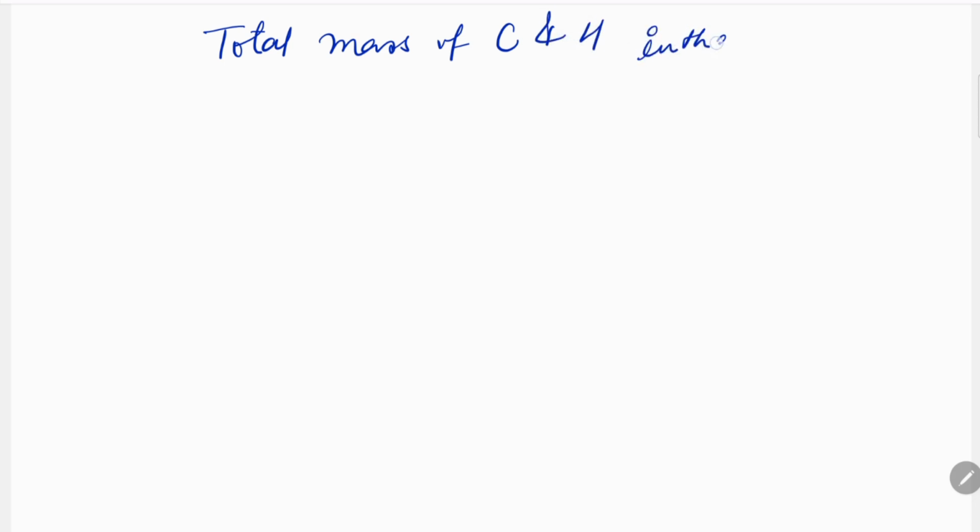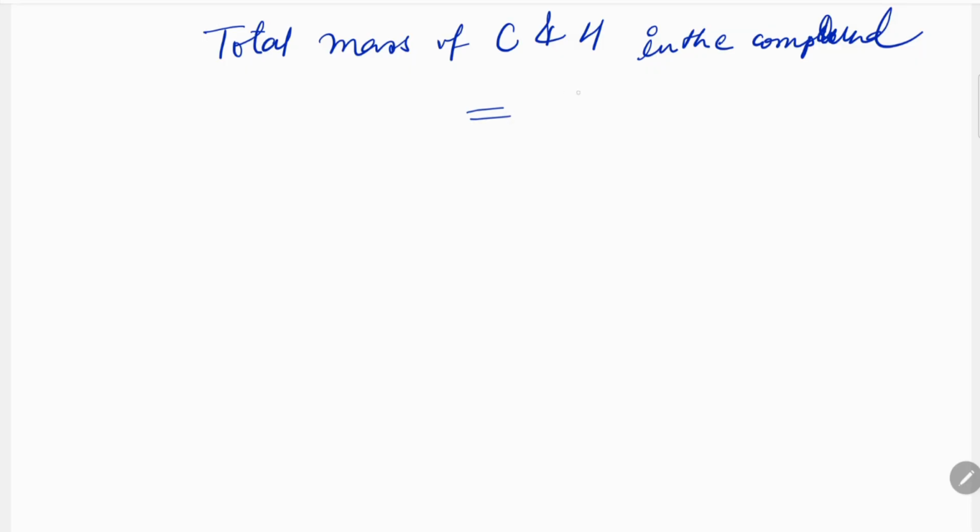Now the amounts of hydrogen and carbon have been given. So that means the total mass of carbon and hydrogen in the compound, you know that the compound is only made up of carbon and hydrogen.